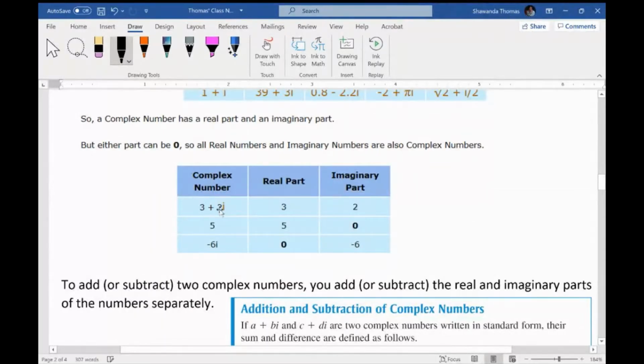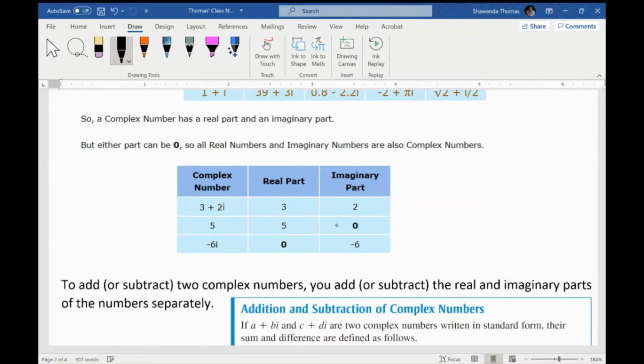Complex number 3 + 2i: the real part is 3, the imaginary part is 2. If you have the number 5, the real part is 5. b must be 0. Why?